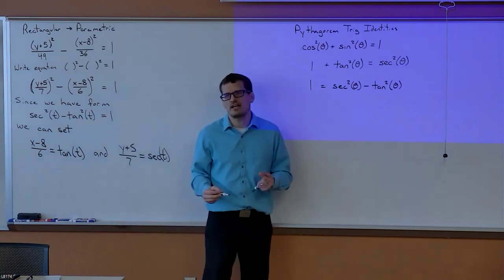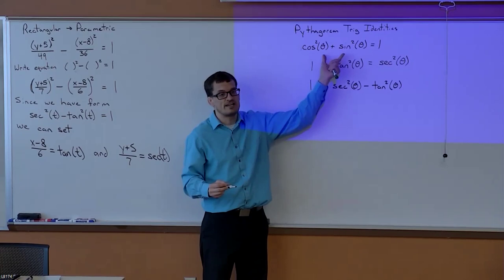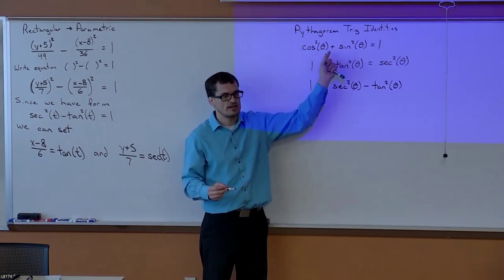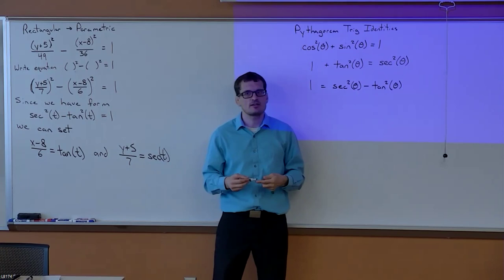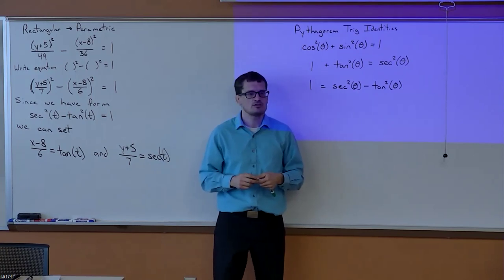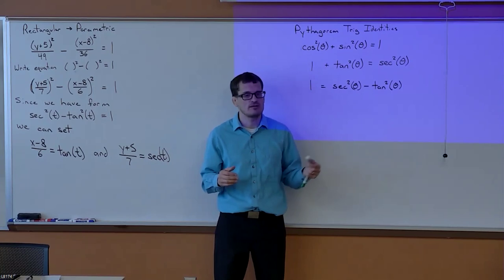Just as a side note, in this identity, the cosine and the sine are kind of interchangeable. They play the same role. So in our previous problem, technically we could have associated the sine with the x value and the cosine with the y value.